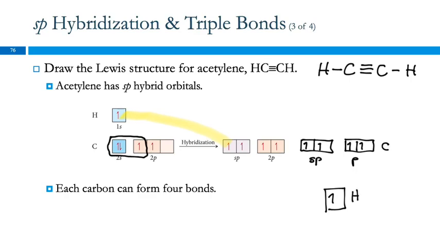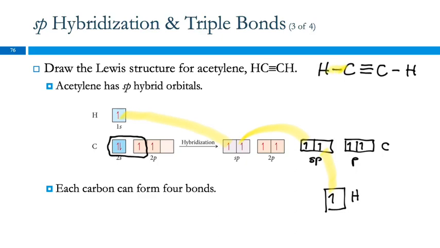So we can get overlap between one carbon atom and the other carbon atom, and then this carbon atom is going to overlap with hydrogen.